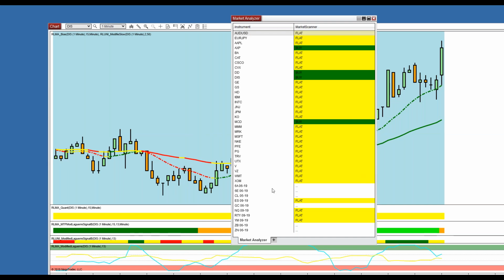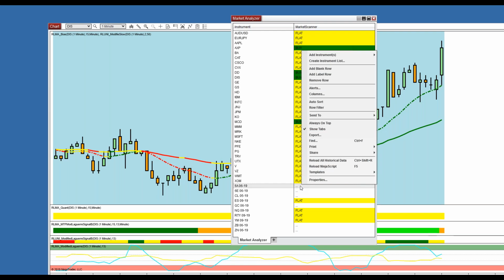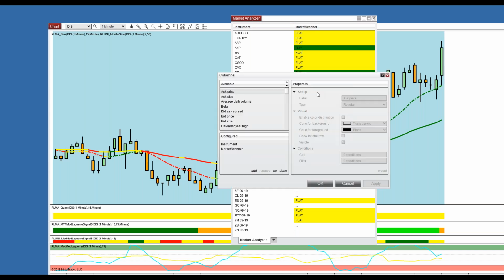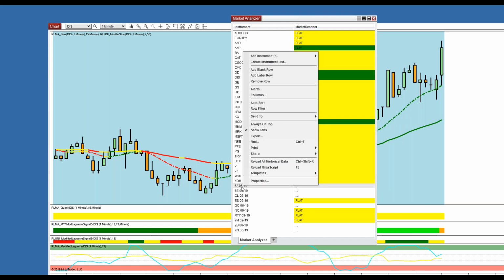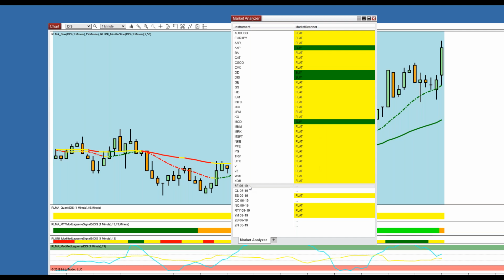And if certain instruments like this you don't follow, you just go to columns. There's a way of deleting the column. Here it is, remove a row.